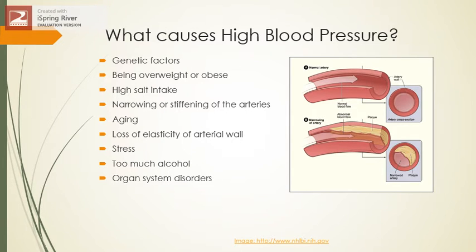So a common question is, well, what causes hypertension? And unfortunately, there's no simple answer to that. It's a combination of a large number of factors. These include genetic factors. There is a pretty strong genetic contribution to hypertension. Being overweight or obese contributes. Having a diet that is high in salt.